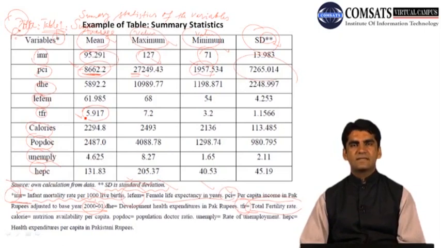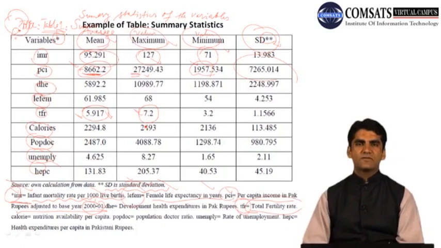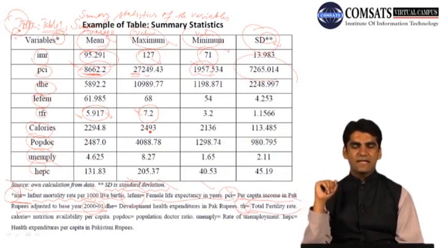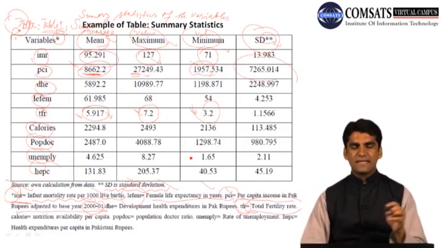In Pakistan, the average is around 5.9, close to 6. The maximum in Pakistan was 7.2 children born per woman, in the 1970s and 80s. Nowadays it is 3.2, and that's how we can get into various other simple graphs.